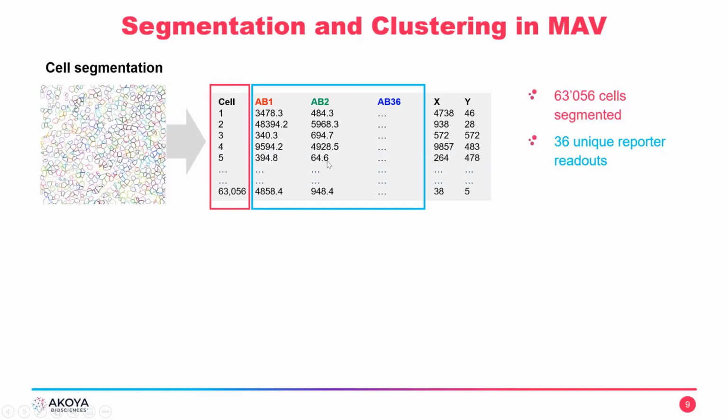It goes up to 50,000 or something. So this cell is probably not labeled. But then you'll have a cell like cell number 2, AB1, 48,000. This number indicates that the cell is probably labeled quite nicely. This will be a unique pattern over 36 antibodies for every one of these 63,000 cells. So you could call this very highly multiplexed data.